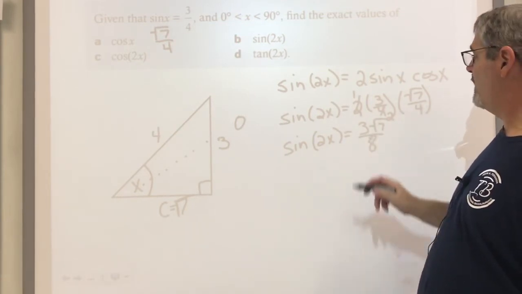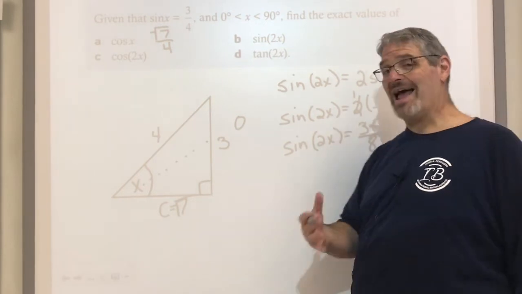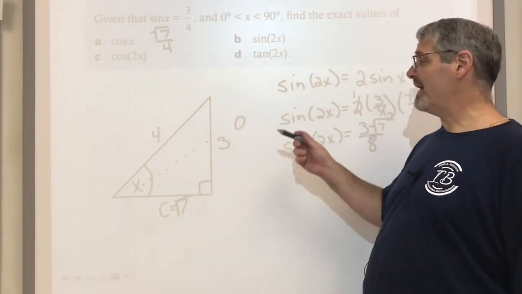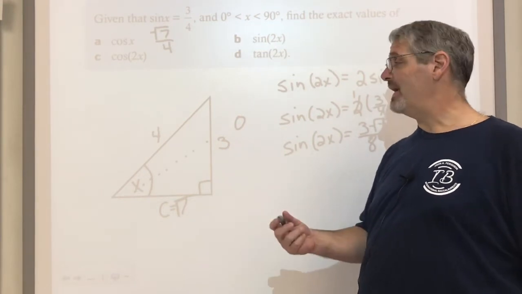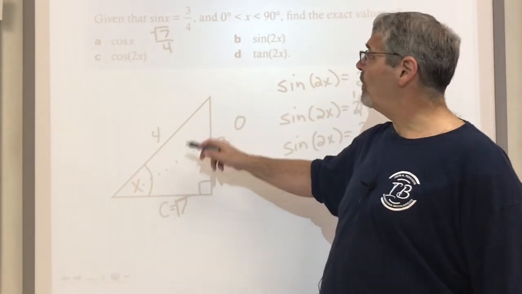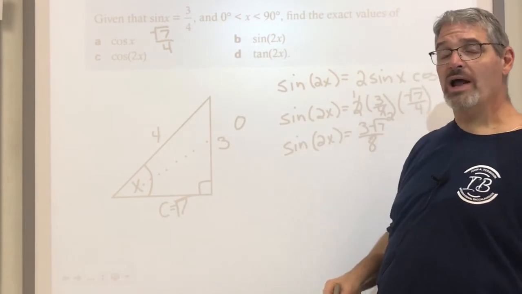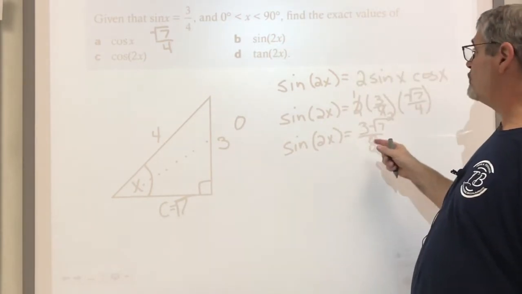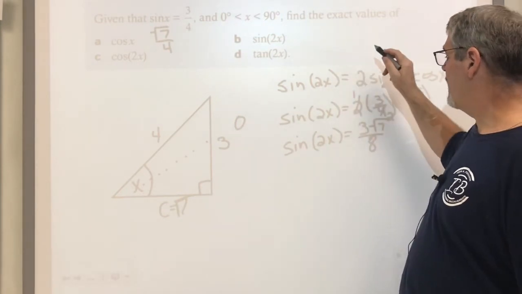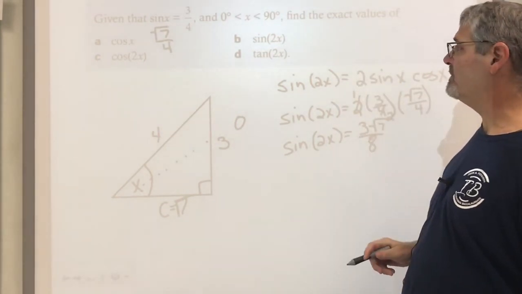And that is the sine of 2x, which, as you see, just because I double an angle doesn't mean that I double its sine. The sine for x was 3 over 4. If I doubled it, I would have gotten 6 over 4. But no, my answer is 3 square root of 7 over 8.